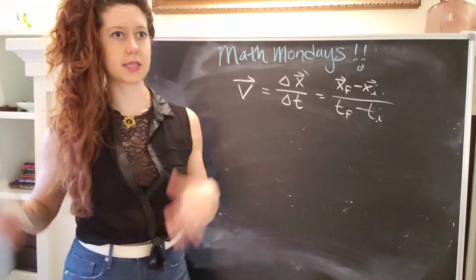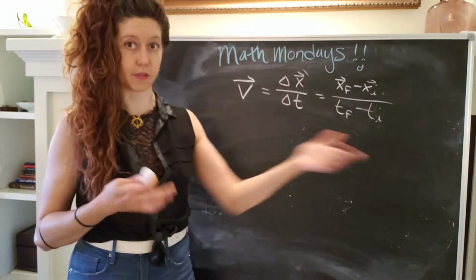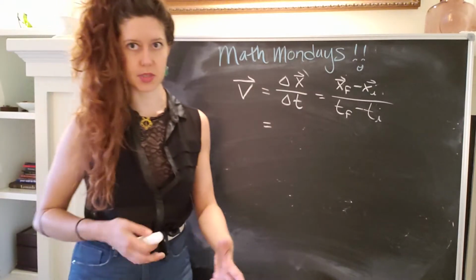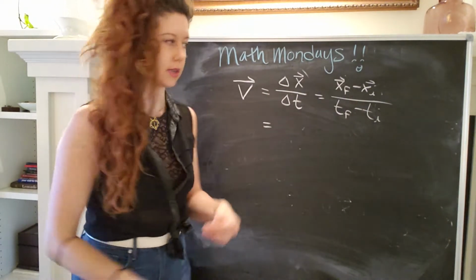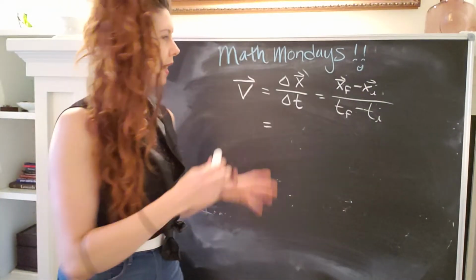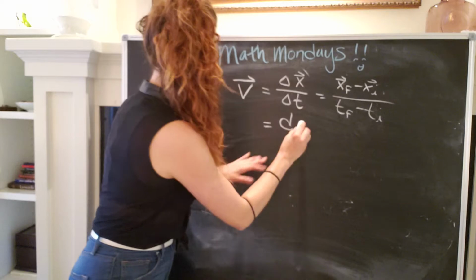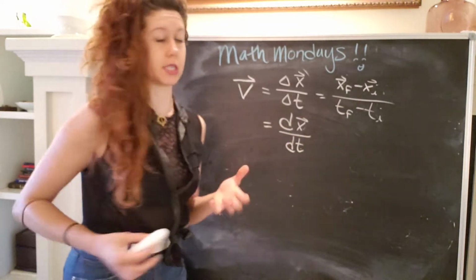So in this case, our position is a vector because we are traveling in a specific direction. If we were to look at this in terms of calculus, so we use calculus when we don't have nice discrete chunks of things, but it's basically the same thing. We're just saying, okay, well, it's the change in our position over the change in time.